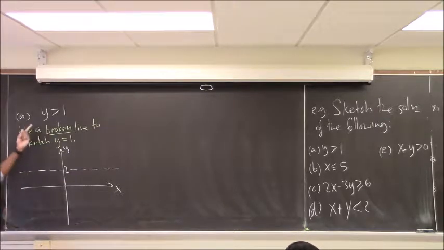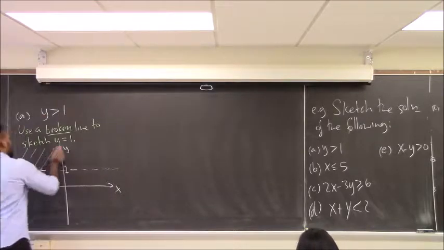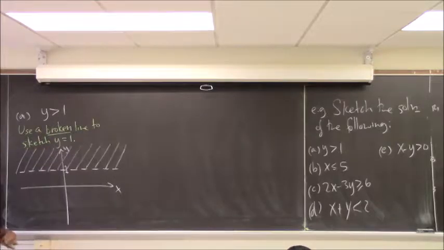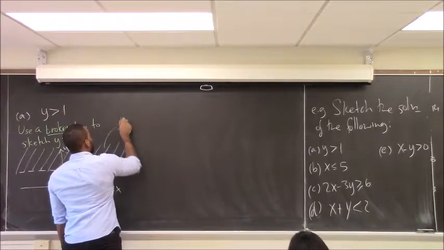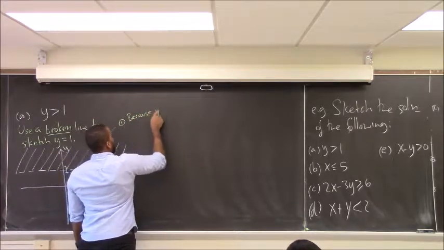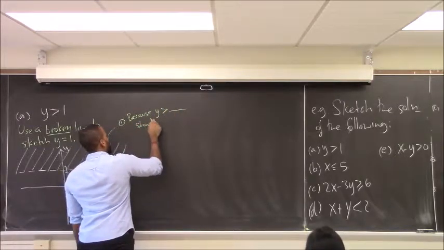Now, this falls really nicely with the second method of figuring out what the solution is. I have y bigger than something, which means the y is on top, which means this entire region here. So there are a couple ways we can know that that was the solution. So 1, because we have y greater than something, shade above.